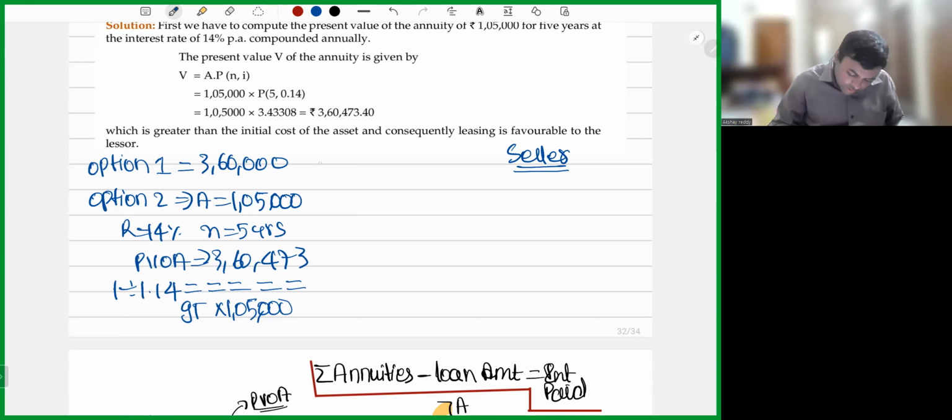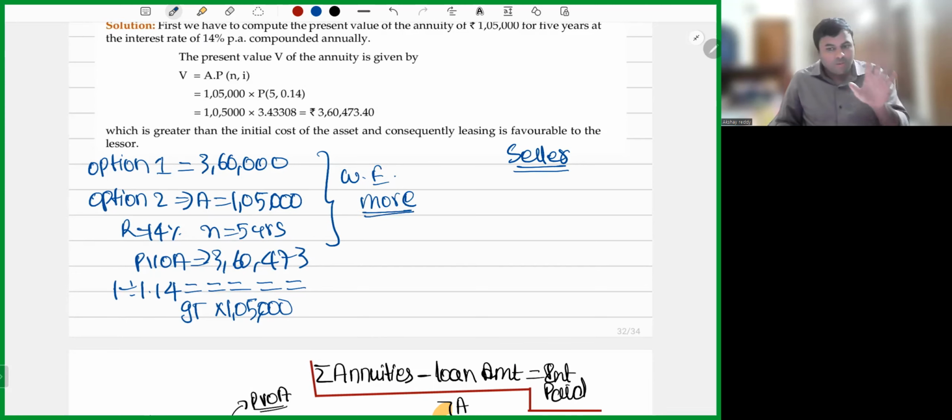In the seller's perspective, you will tell whichever is more. He's saying the company wants to lease out, the company wants to give an asset on lease. So what is the answer, my dear friends? Whichever is more. Option 2 is more. Option 2 is leasing. So that's the reason he's telling leasing is favorable to the company.